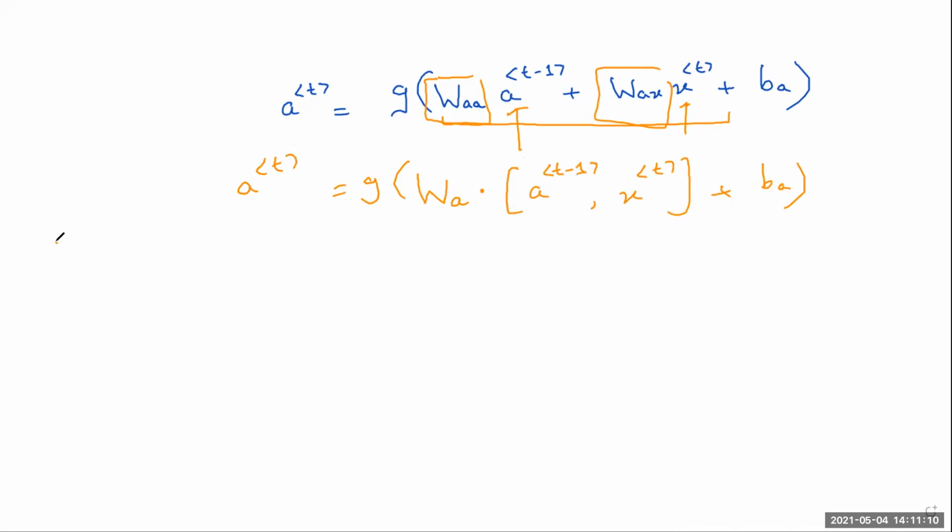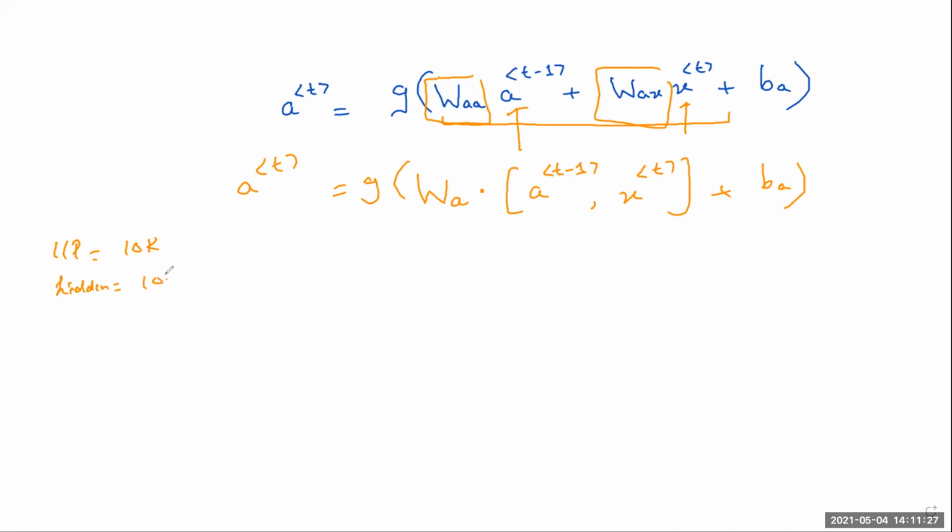Let's say that your input is 10,000. We are dealing with words, so we have a vocabulary of 10,000. So you have 10,000 neurons in the input layer. X is 10,000, and suppose the hidden layer has 100 neurons.